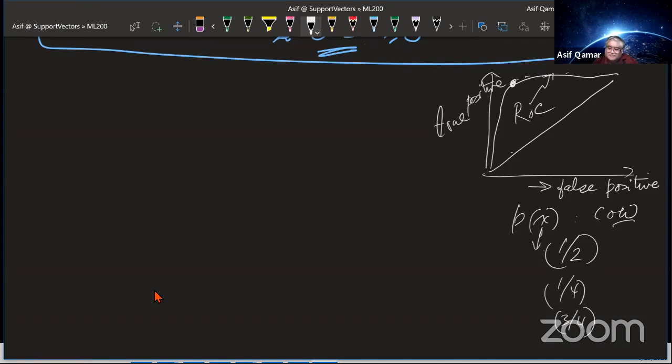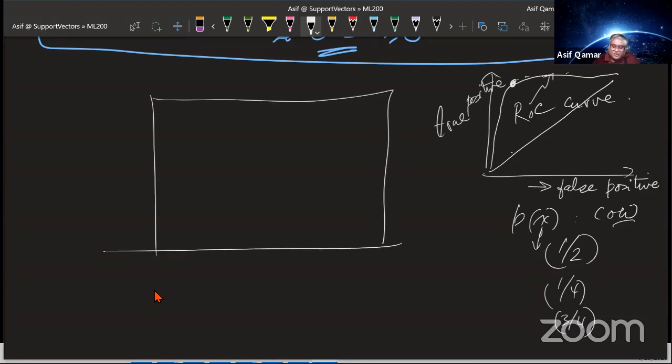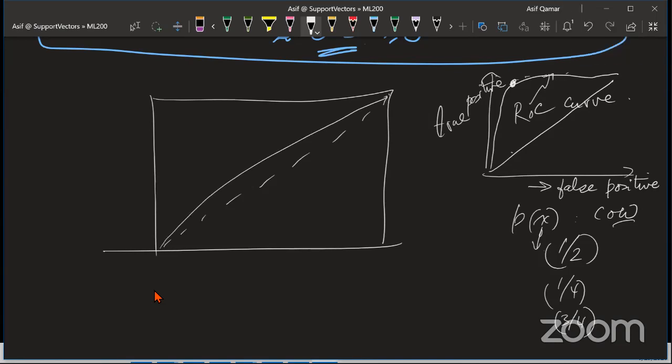So if after partitioning, the Gini index gets better, the ROC will get better, right? Oh yes, of course. That's how they're connected. In that sense, yes, they are interconnected. That's a good point. Suppose this is your square box. This is a pretty bad baseline. You can actually do worse than baseline, but let's say in your first split, you're getting an ROC like this. Then the second one will give you a better ROC.